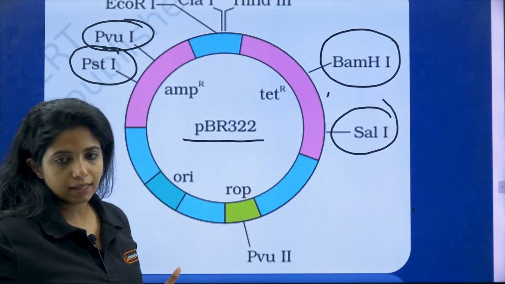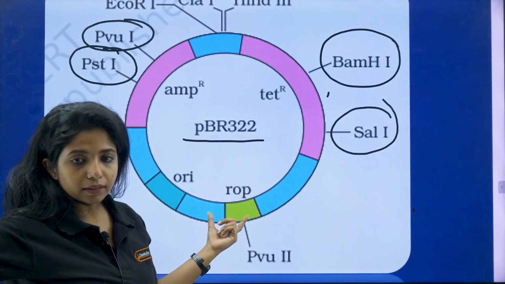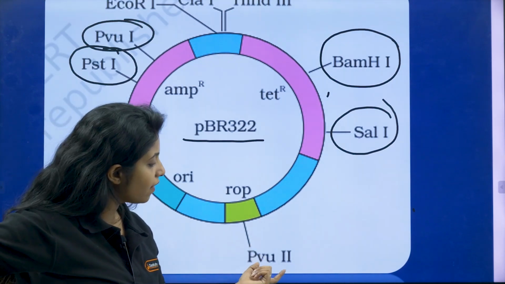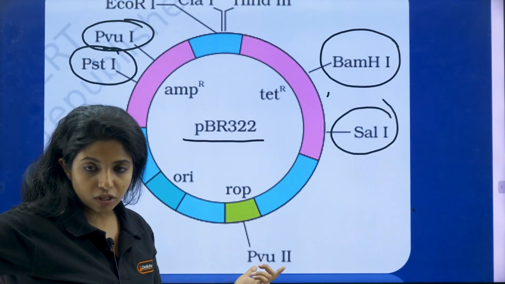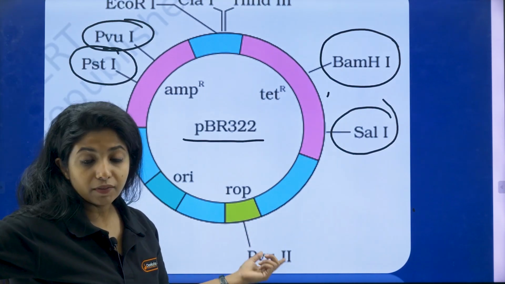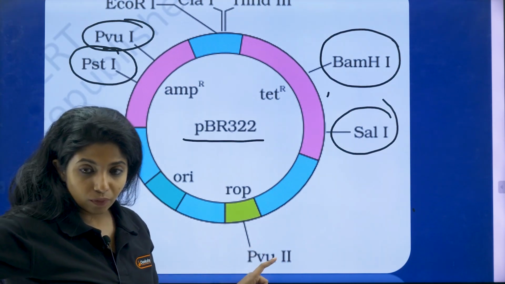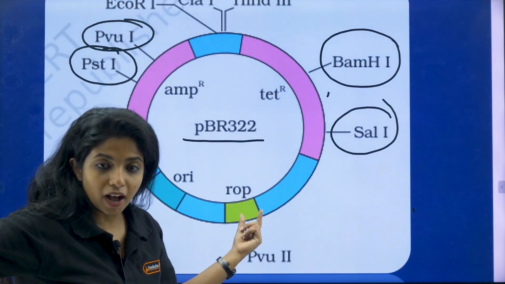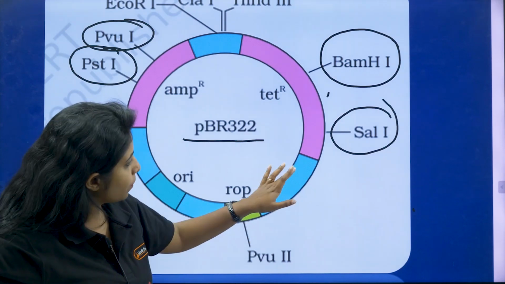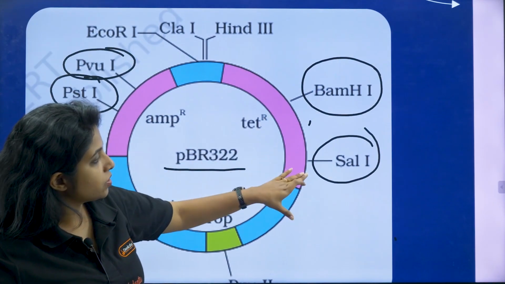So the ROP site is there. Now in the ROP site, my dear children, you have an enzyme site as well. This PvuII, a restriction enzyme, is going to make a cut in the ROP site. Now going ahead, there is a tetracycline resistance gene over here.